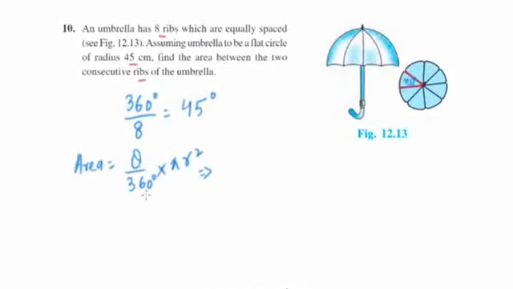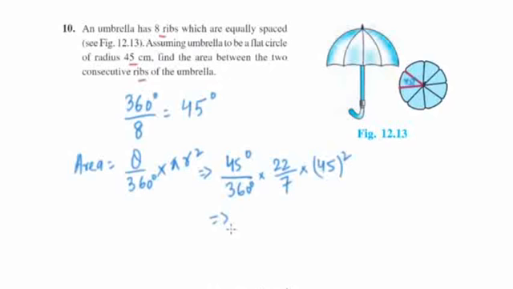So we know the formula to find the area of a sector, that is theta divided by 360 degree multiplied by pi r square. We have the value of theta, that is 45 degrees divided by 360 degrees multiplied by 22 by 7 and multiplied by the radius. The radius is 45 centimeter, that is given in the question. So that is a square of 45.